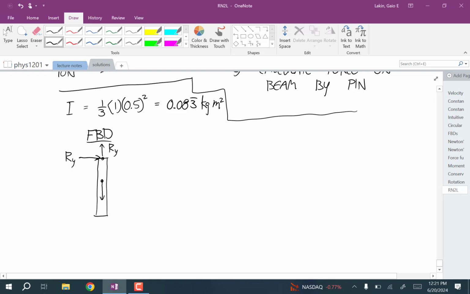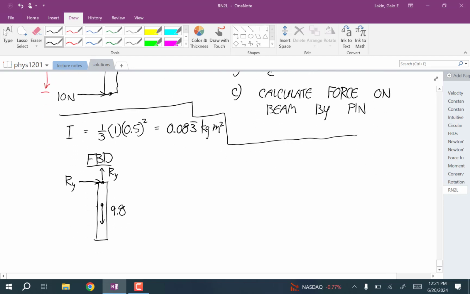Then at the center, we have the weight. That's 1 times 9.8, so 9.8 newtons down. And then we have the 10 newtons going this way and the 10 newtons going this way.